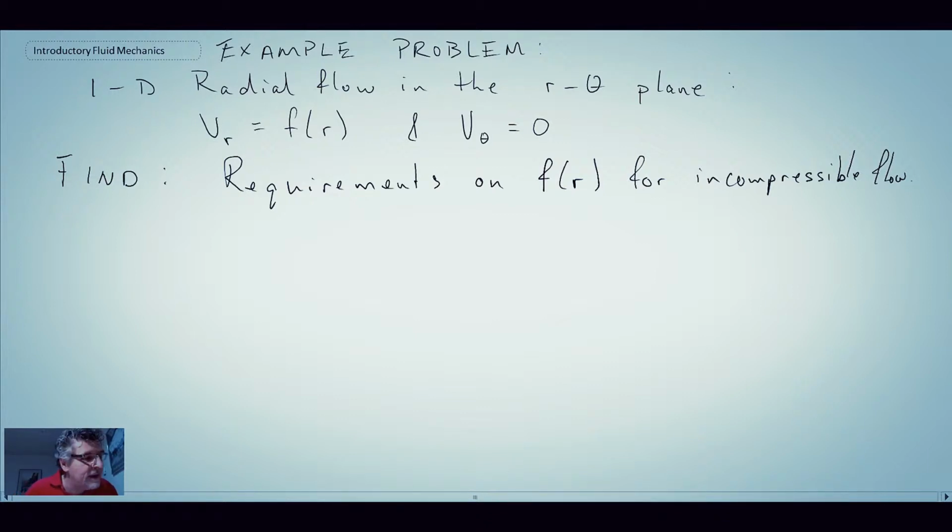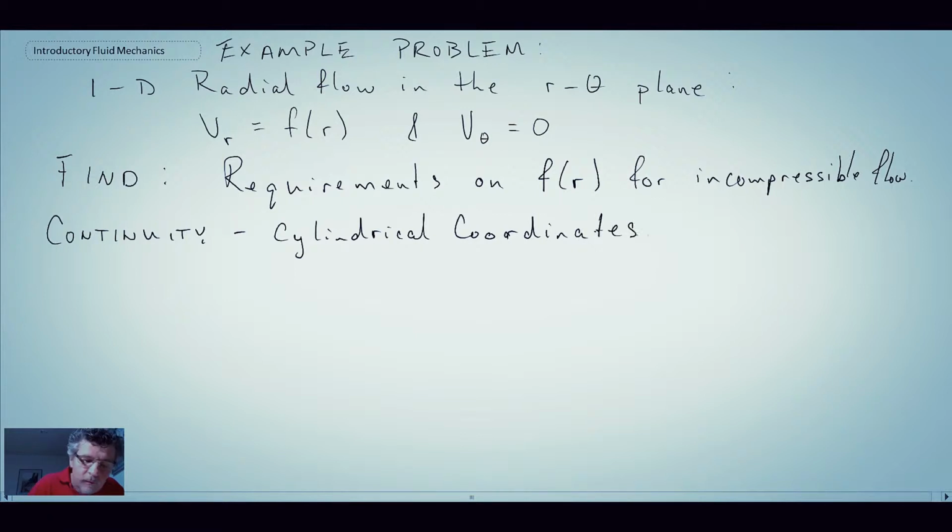And we know v theta is 0, so we're going to start off by looking at the continuity equation for cylindrical coordinates. And that was del dot rho v plus partial rho partial t equals 0.